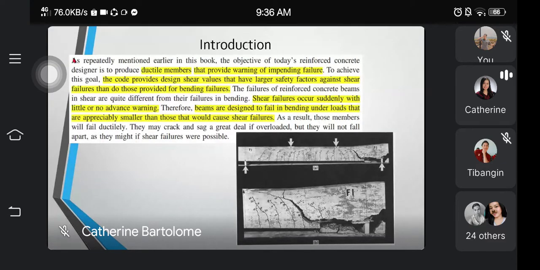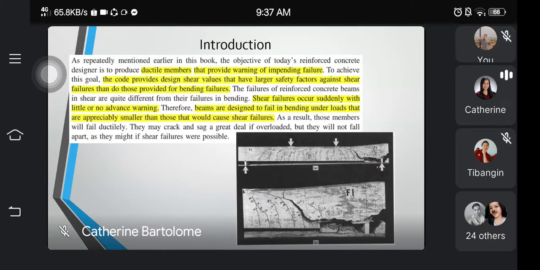Shear failures occur suddenly with little or no warning signs. Therefore, beams are designed to fail in bending under loads appreciably smaller than those that would cause shear failure. Ganun ka-importante si shear. Kasi kahit malakas yung strength mo, kung mahina siya sa shear, it will suddenly collapse.